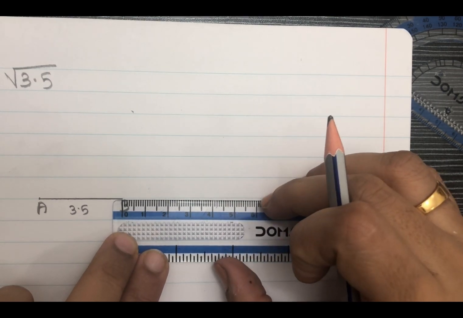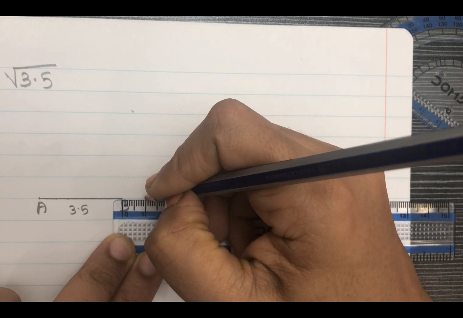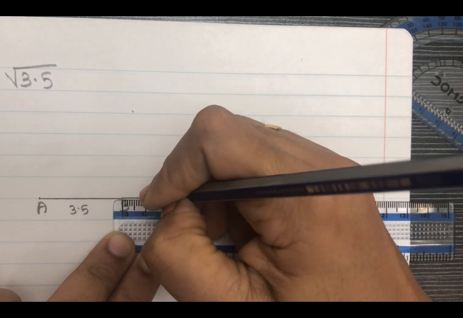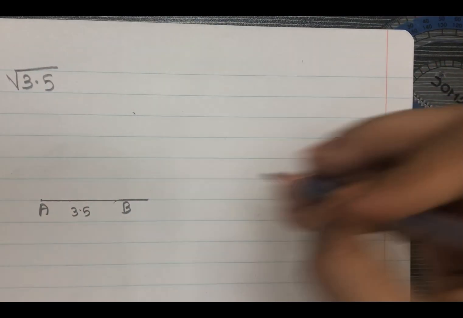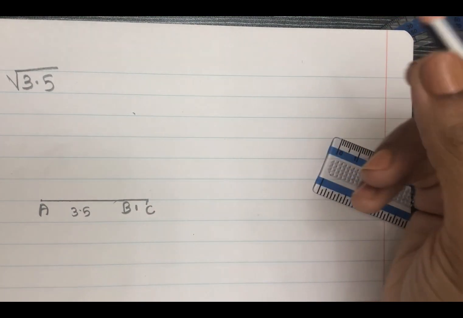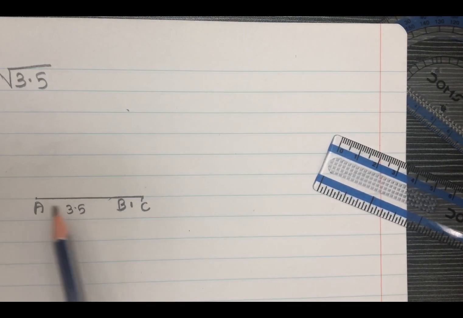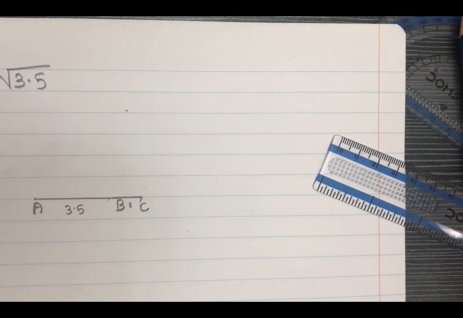So here I'll mark another point C, which is 1 unit. So now my new diameter is AC. I need to find the midpoint of AC.